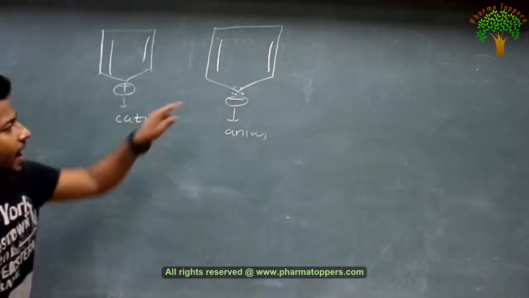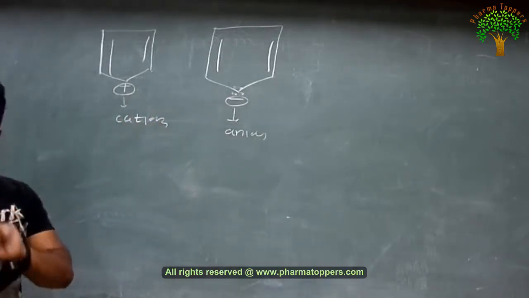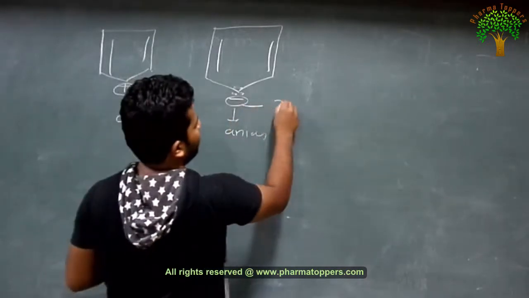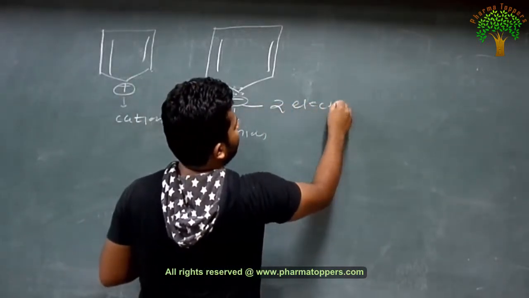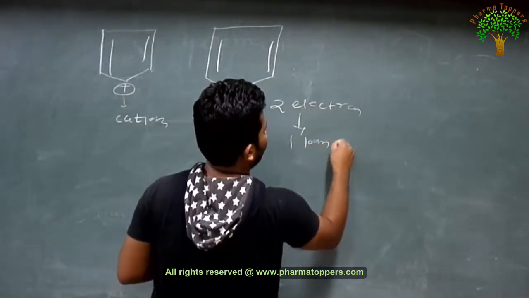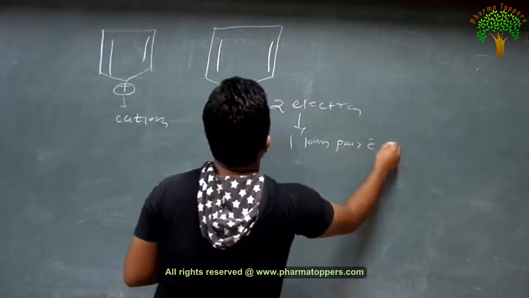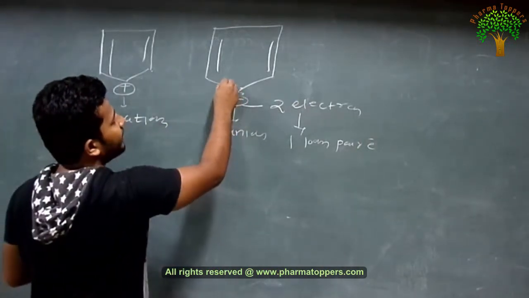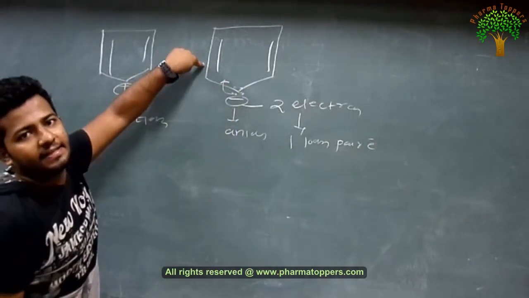Always remember, an anion contains 2 electrons, but a cation contains no electrons. 2 electrons, that is called one lone pair of electrons. And these lone pair electrons are conjugated with this ring system.